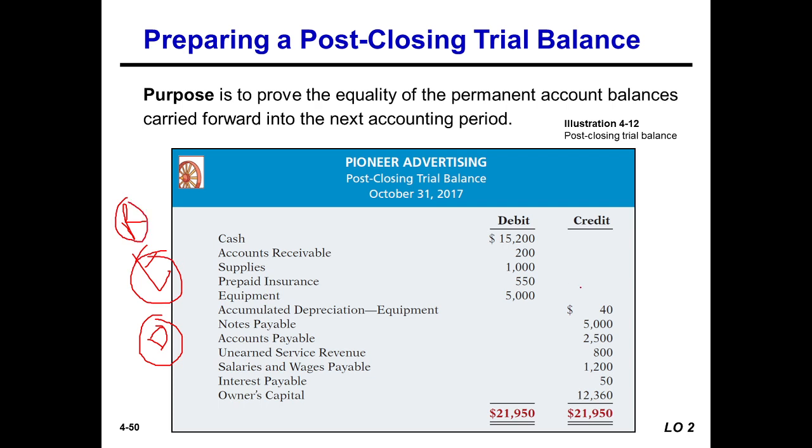After closing, we have 3 types of items: asset items, liability items, and owner's equity or owner's capital items. These 3 types of items are permanent items.